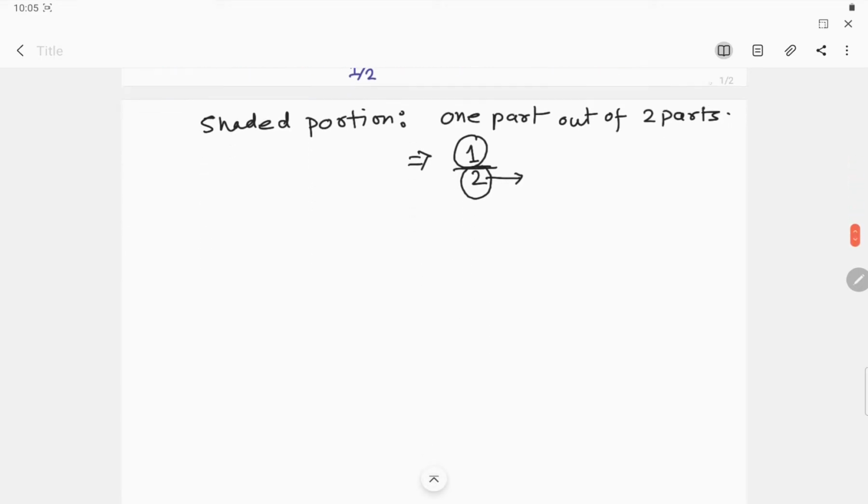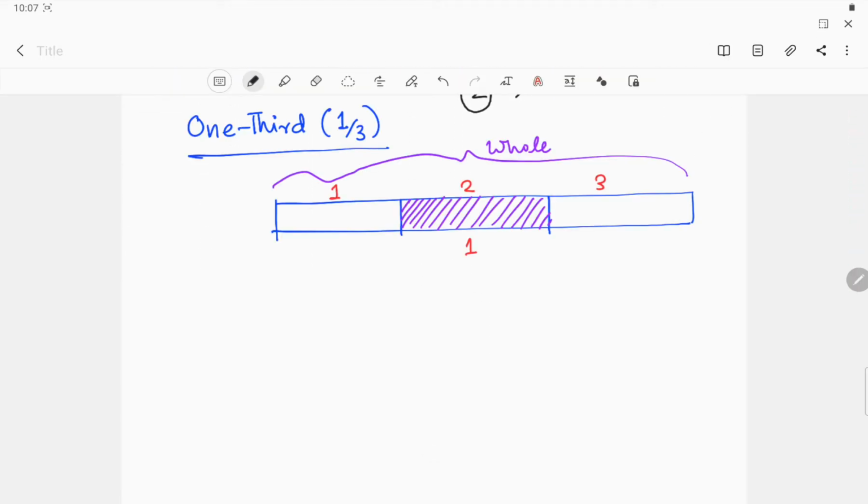Now what about 1/3? So this is 1/3. Okay, so I also have drawn a strip, but in this case this strip is divided into 3 equal parts, 1, 2 and 3. I have written in red color. So 1, 2, 3. There are 3 equal parts. Out of these 3 parts, only one part I have shaded, the middle portion. So how many parts have you shaded?